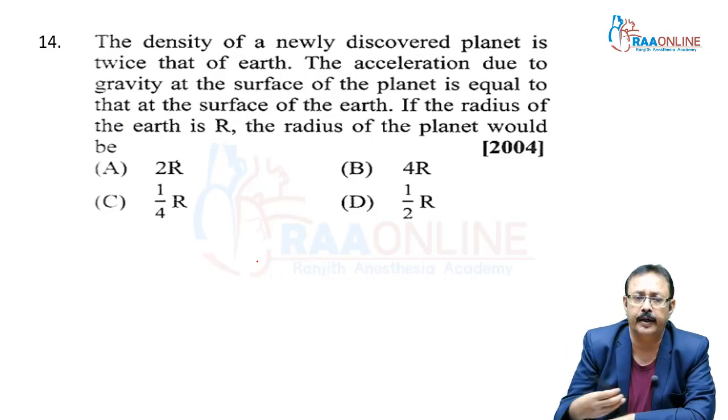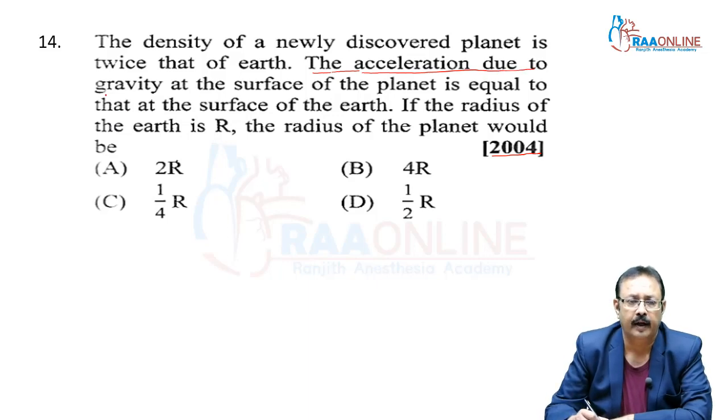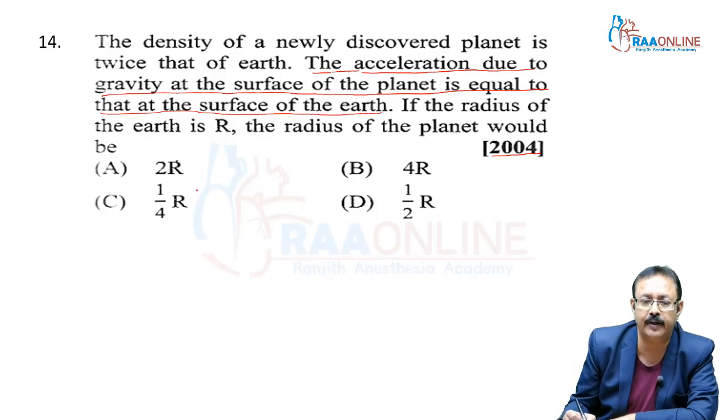What is the key point? The key point is here. It is a problem from 2004 AIPMT. The key point is this: the acceleration due to gravity at the surface of the planet is equal to that at the surface of the Earth. So we will start from here.